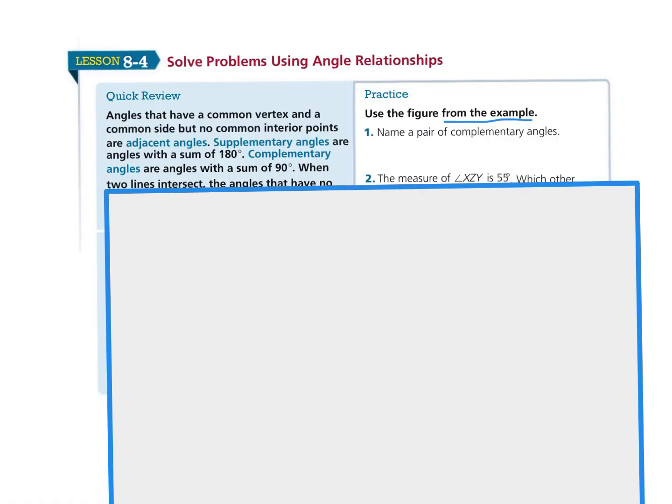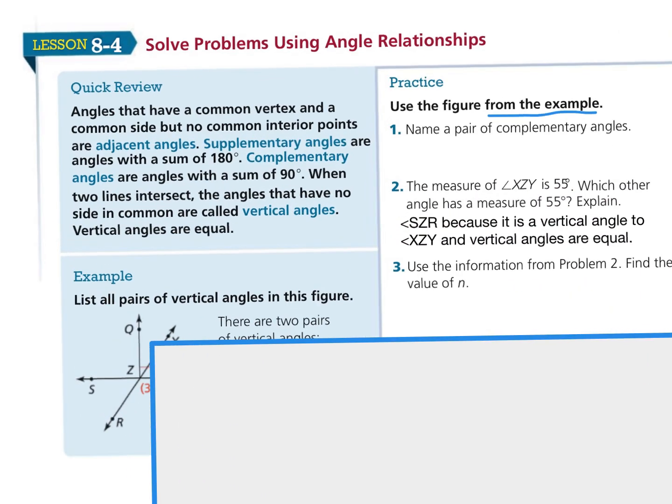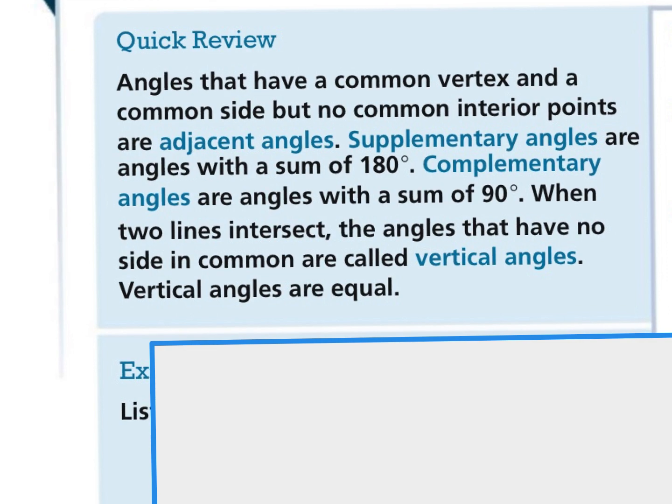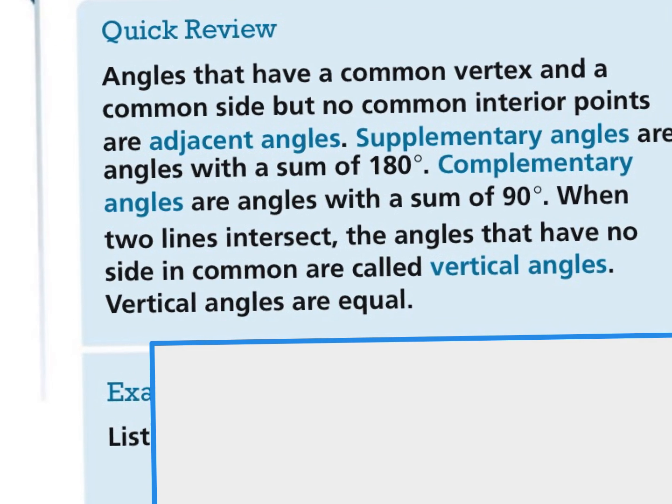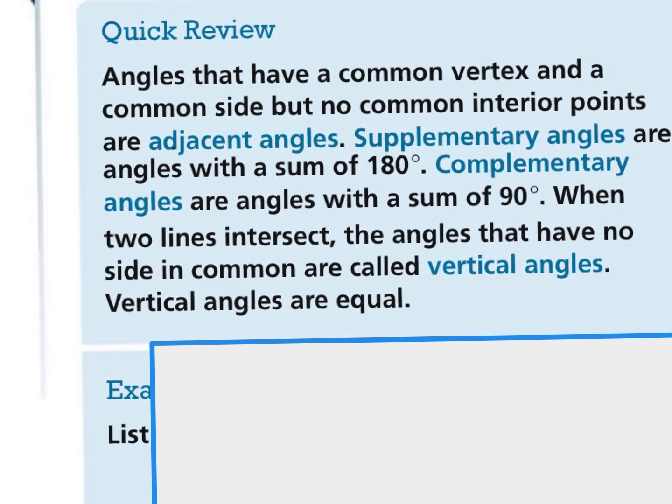Lesson 8.4 was on solving problems using angle relationships. So first of all, over to the side, some different things we talked about. Adjacent angles have a common side, so they share a ray with each other. Supplementary angles have a sum of 180 degrees.